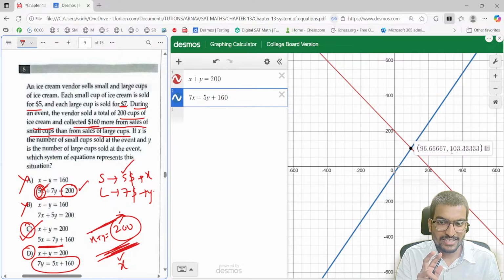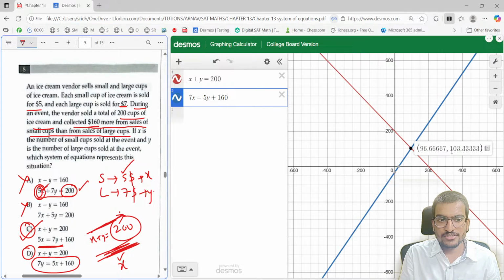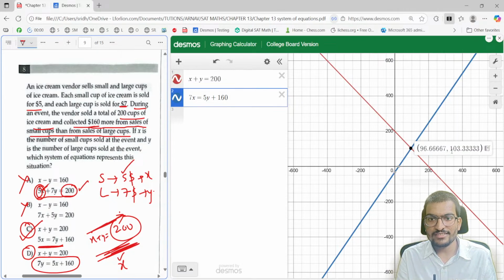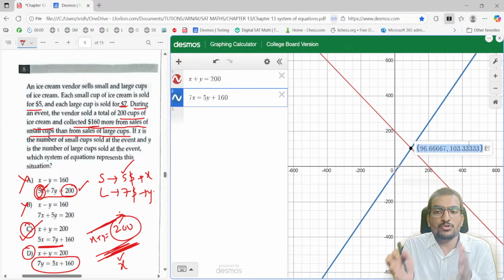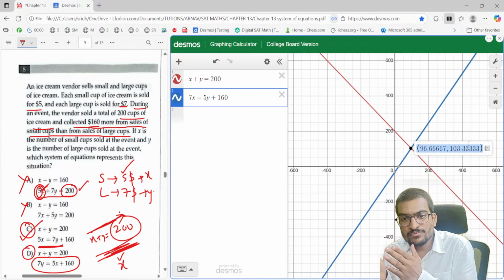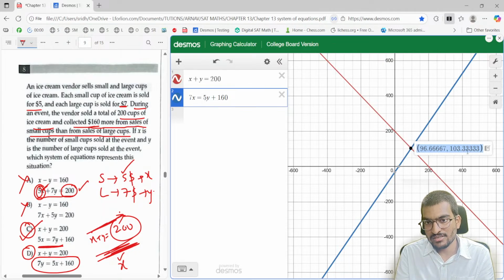But here things are in decimals. Obviously, we can't give things in decimals. A cup is a proper thing. We can't give a half cup, something like that. So obviously, we won't go with D. We go with C, because Desmos is telling us that here you are getting a total of 200 cups, but we considered x as small cups and y as large cups, and we are getting decimals.